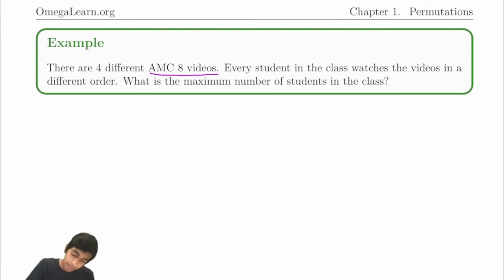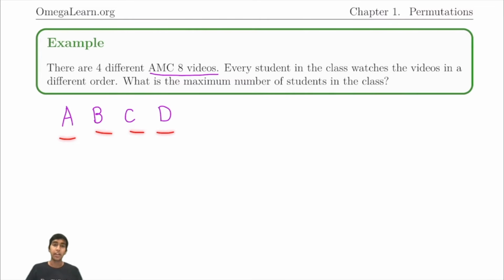Let's call them A, B, C, and D. Every student is watching these 4 videos in a different order, and we're asked to find the maximum number of students that are possible in the class.